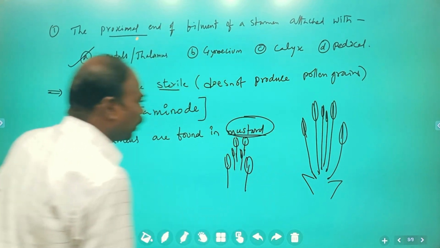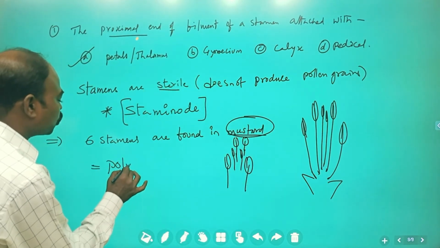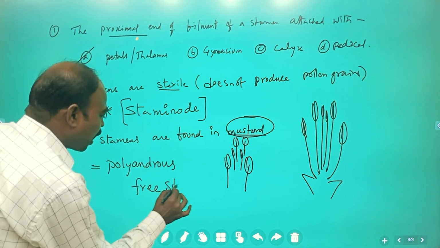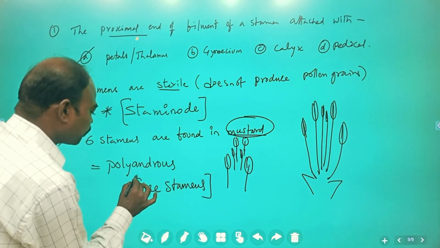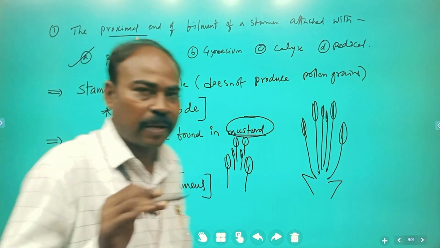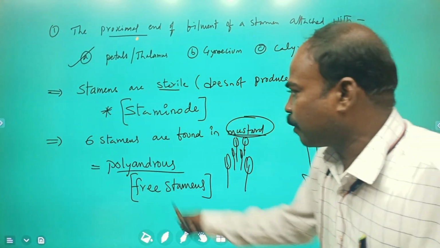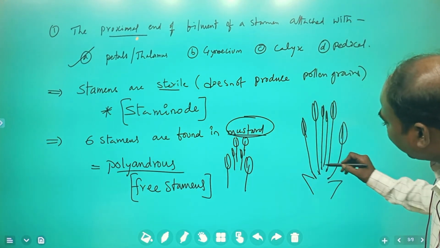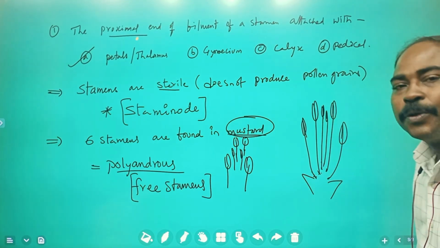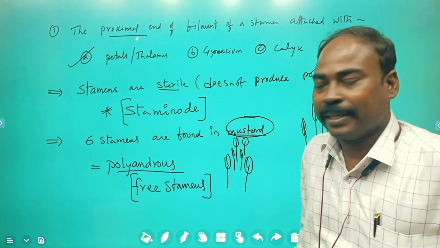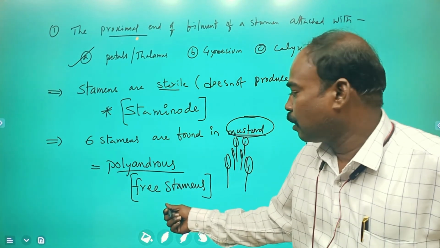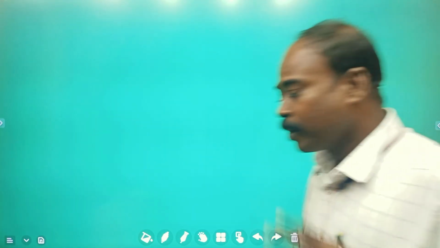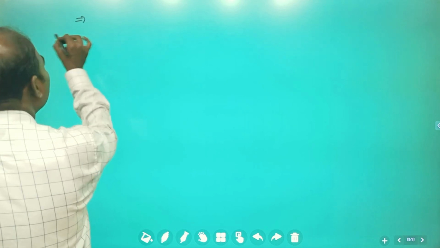Such stamens are called the polyandrous condition, meaning free stamens. So in a flower there may be 6 or 4 or 5, whatever the number. I gave the example of 6 stamens in a mustard plant, each free from one another, without any union or adhesion. Such free stamens are called the polyandrous condition.